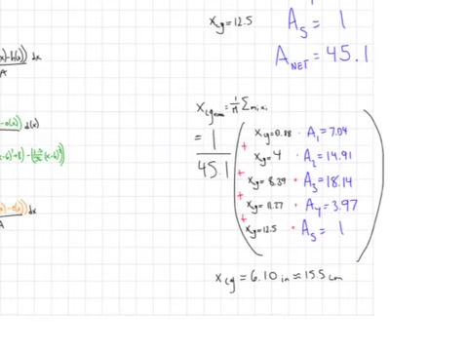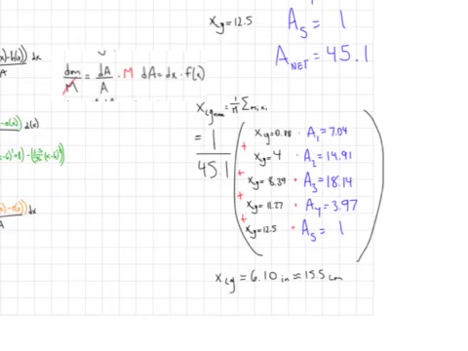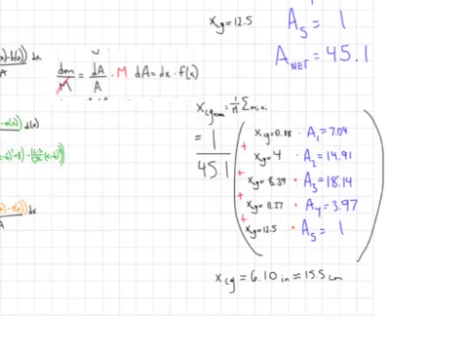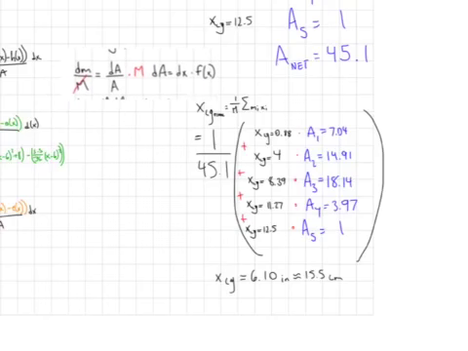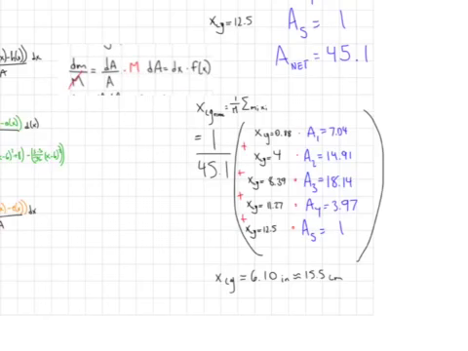And the equation I had to use for that was 1 over m sigma mi xi, and the ratio that we had set up in the beginning of this section, which is right here, m has a certain ratio to A, so you can use A for 1 over m here, and since I have the A's, I can just put them together in this equation, and you get 1 over 45.1, and you plug in all of the mi's and xi's for the sigmas here.